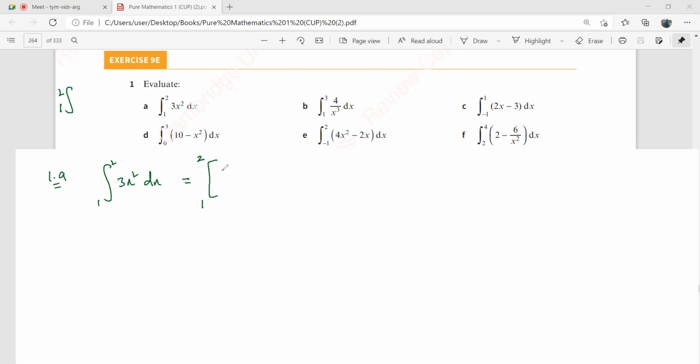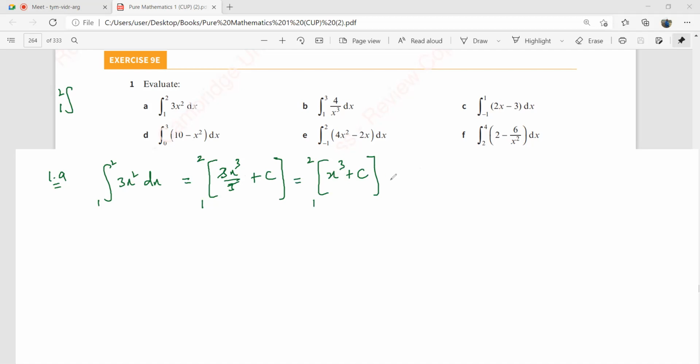So this is 3x cube over 3. And for example, you want to write this plus c. See what will happen with this c now. This is limit from 1 to 2, x cube plus c. You know that this 1 and 2 have to be substituted as x.